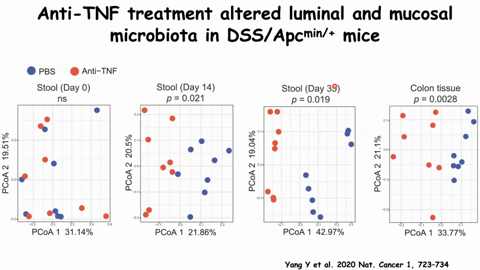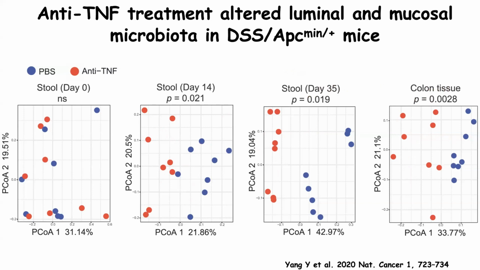And at day 35, which is after the 6th dosage of anti-TNF, look at the microbiome, very different. So the mice receiving anti-TNF have a different microbiome, not only in the stools, but we also collected colon tissue, and in the tissue, it's also different.